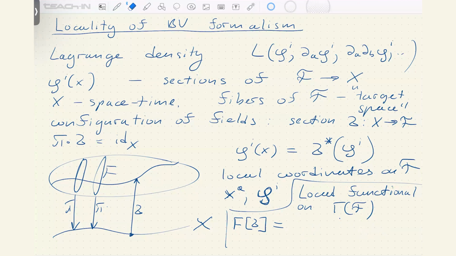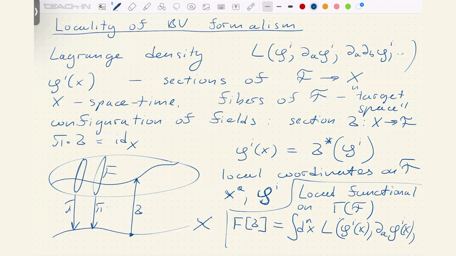Let me just say that a local functional is a functional of the following form, which is d^n x, then some function L, then we have phi I of x, d_A phi I of x. We just do it explicitly without using this pullback map. Further derivatives, phi I of x, etc. And there is only a finite number of derivatives, and all of them are taken in one and the same point.